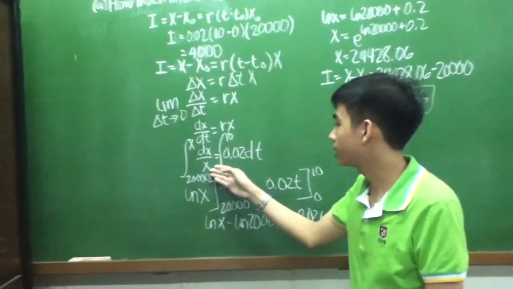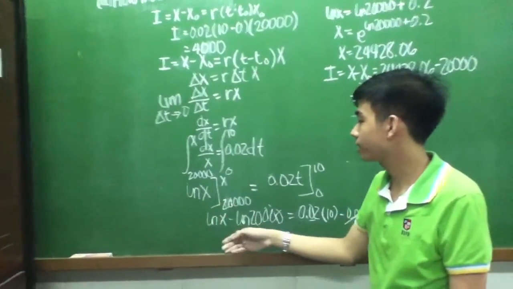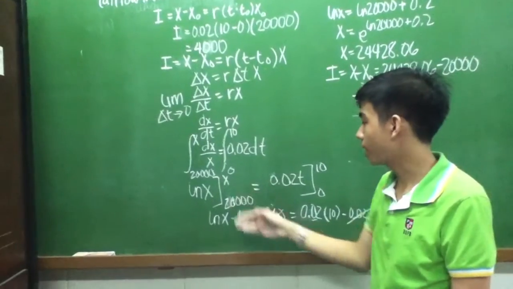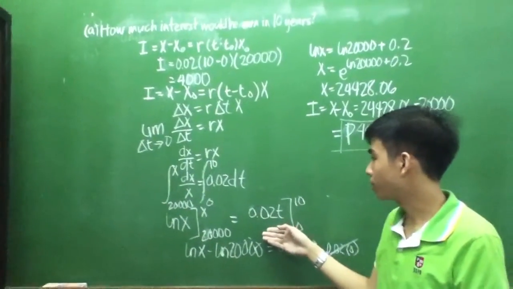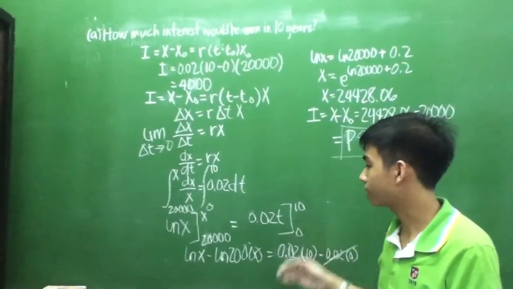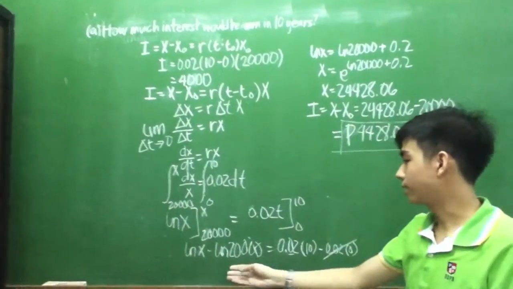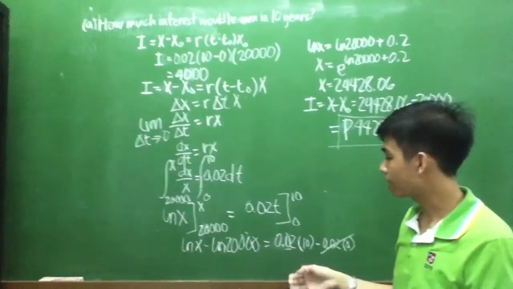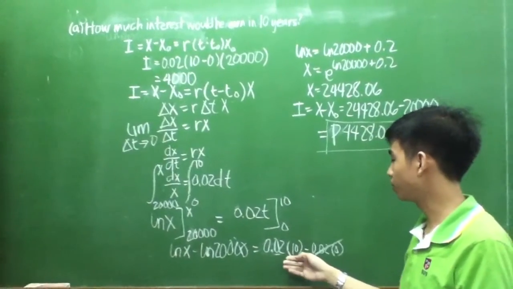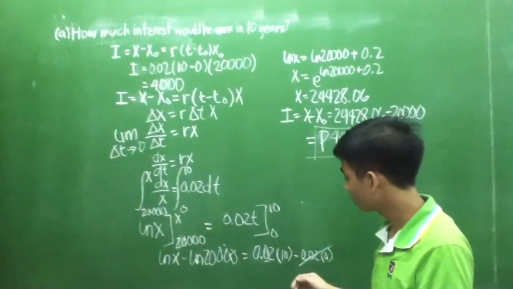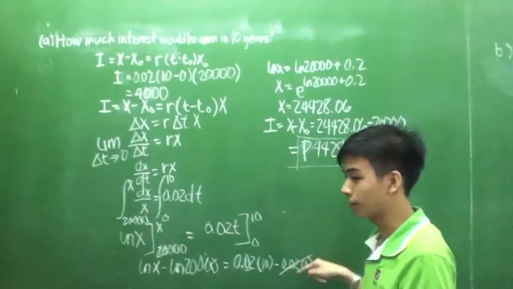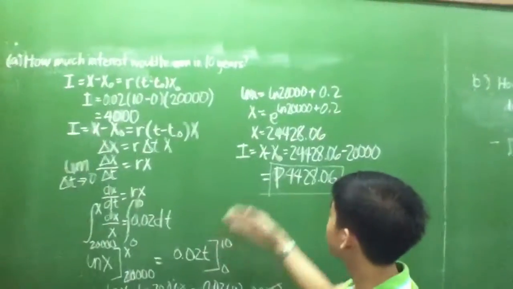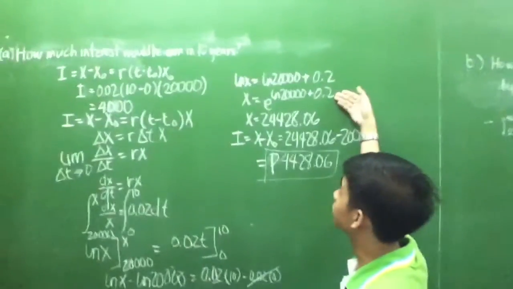So the integral of this is ln x, integrated from 20,000 to x. And then here 0.02t from 0 to 10. So we will get this equation: ln x minus ln 20,000 equals 0.02 times 10. And this will cancel out because it's multiplied by 0. We isolate the x, and we'll have this equation.